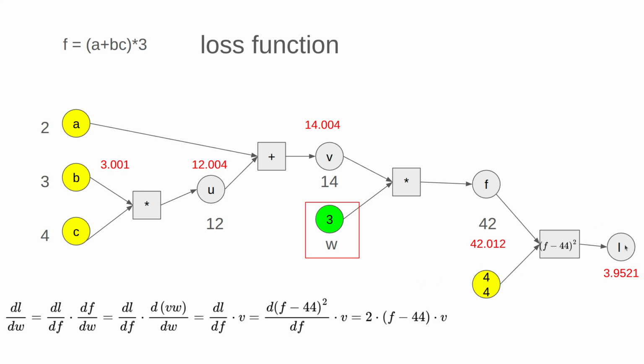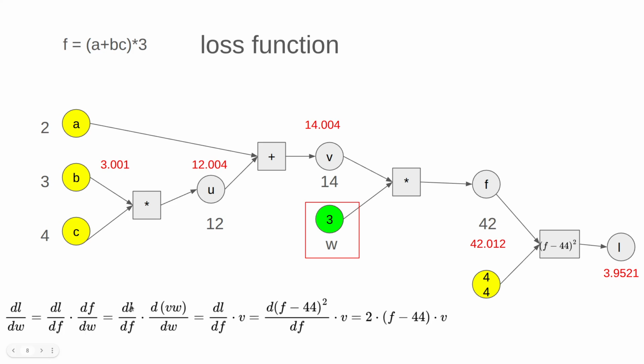Suppose that we want to get the DL over DW. As we have repeated many times, since W is the input of the multiply function here, we just use F to decompose it, so it will become the DL over DF and DF over DW.